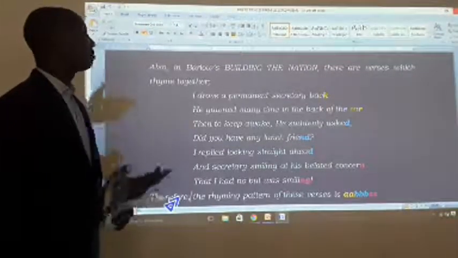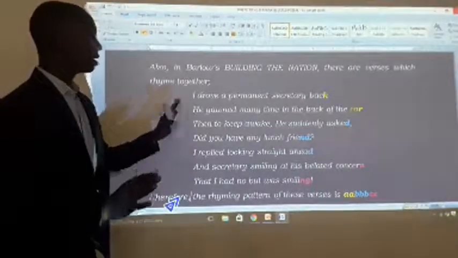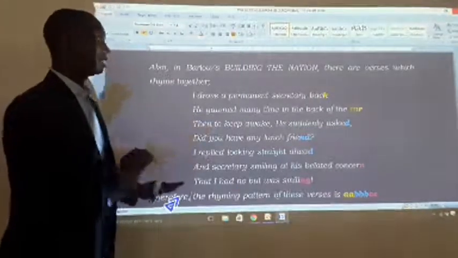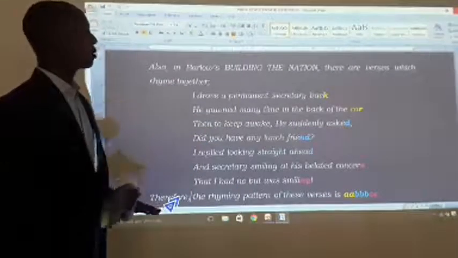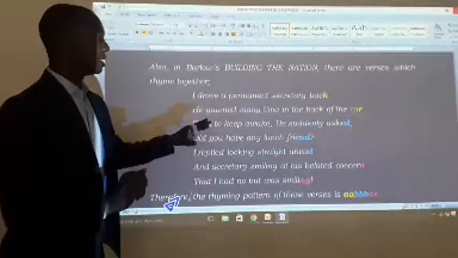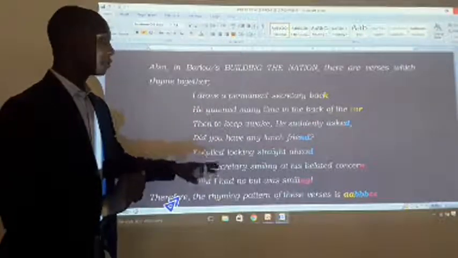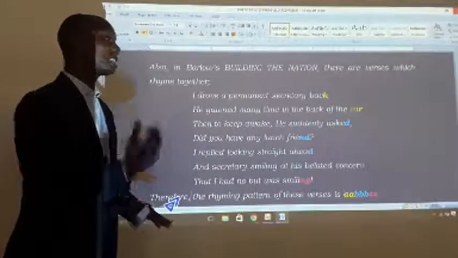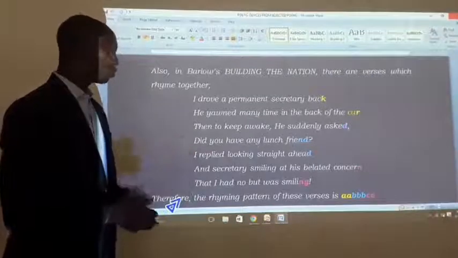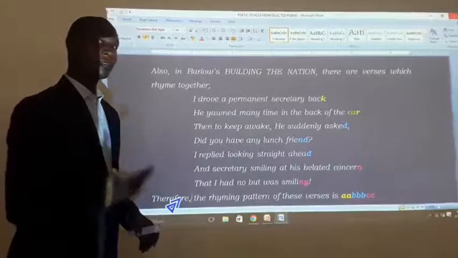This is none other than Bao in his poem Rule the Nation, whereby in this selected excerpt, you can see the first two lines rhyme, the next three verses rhyme, and the last two verses rhyme because they have the same sound at the end. And its rhyme scheme therefore would be AA, BB, CC.